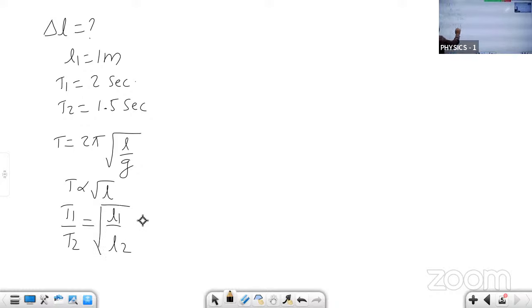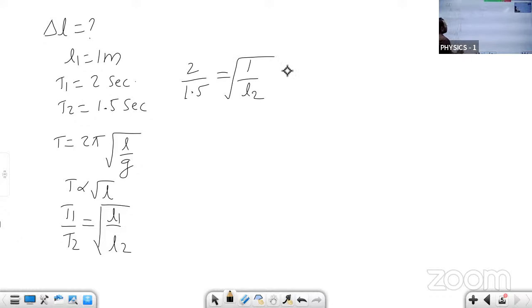T1 is 2 seconds, T2 is 1.5 seconds, L1 is 1, L2 we don't know. So remove this point. 3/4 equals 1 by L2 under root, students.